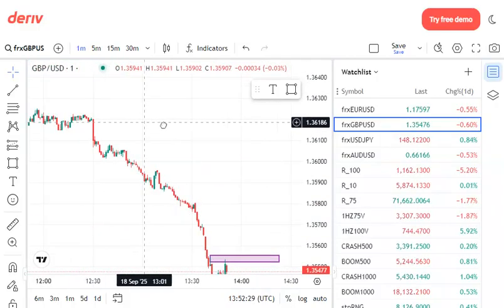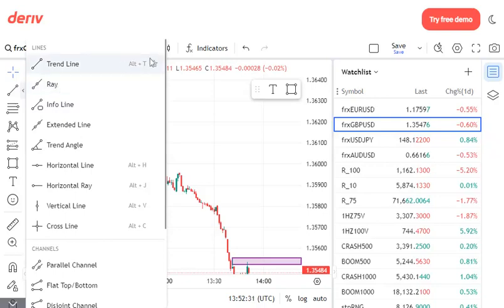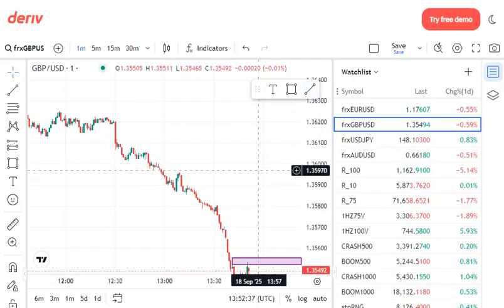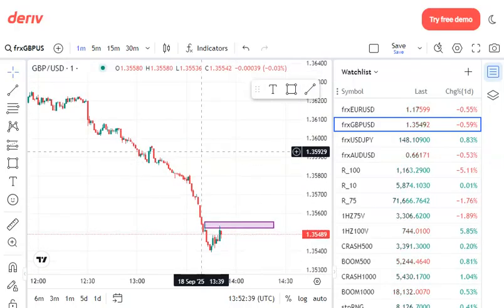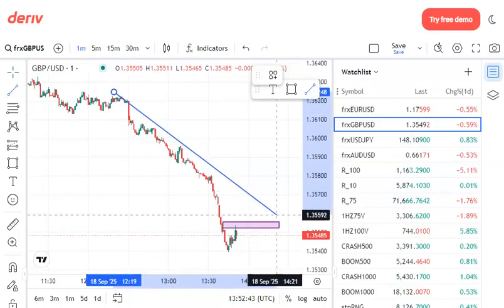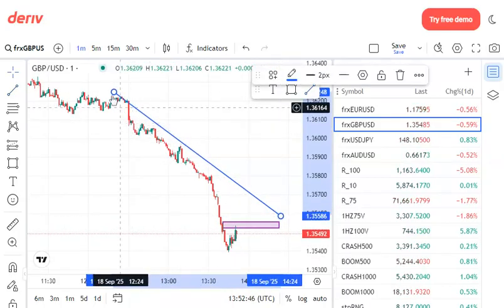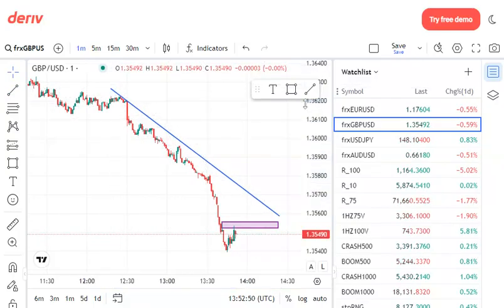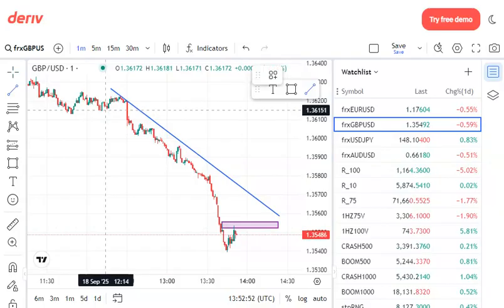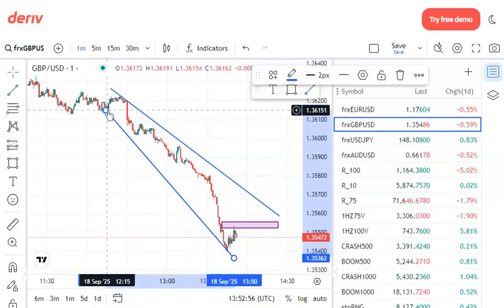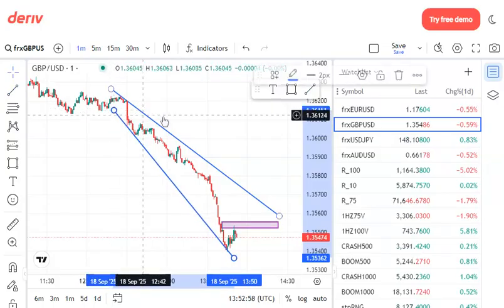So this is the GBP US dollar, the Great British Pound versus the US dollar. And this is the 1 minute time frame. I'm still reading, but I just want to show you how much you would have made if you were trading this particular pair, the GBPUSD.